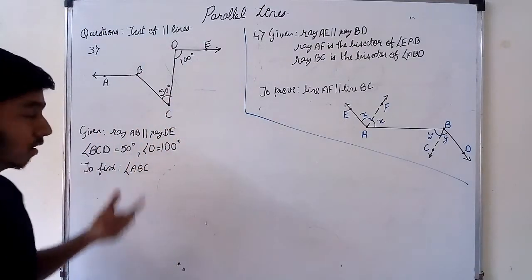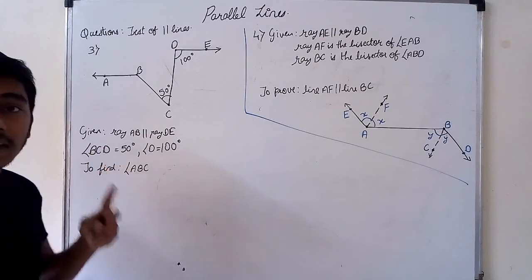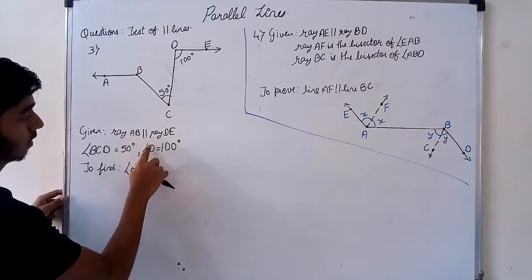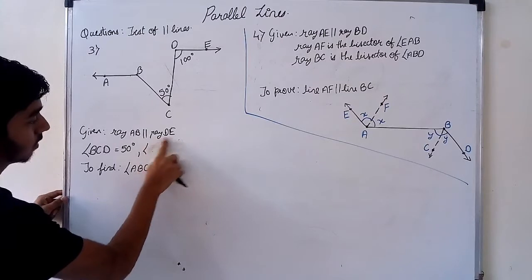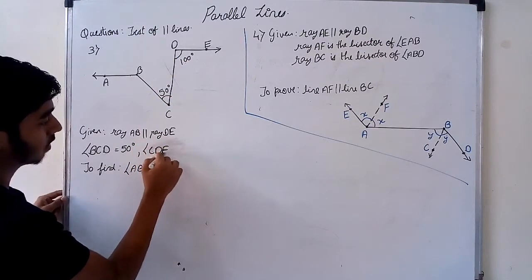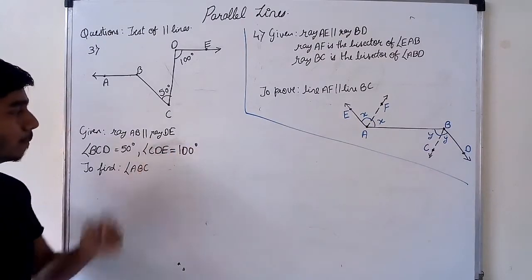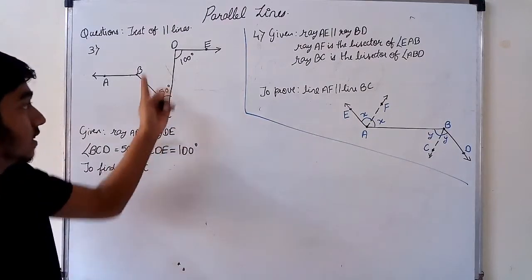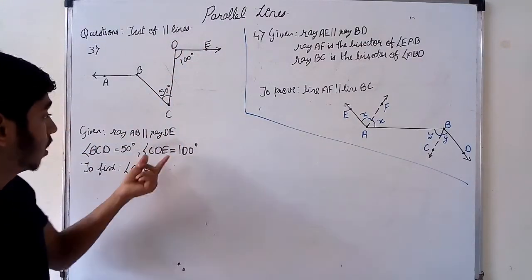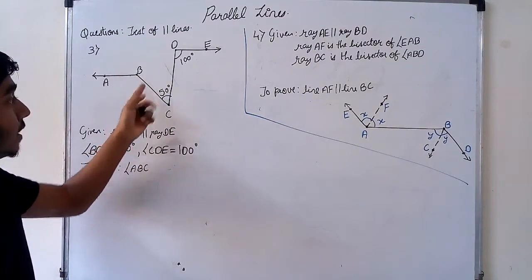Instead of a one-letter angle, I'm using a three-letter angle. Same for D, angle D can be written as CDE equal to 100 degrees, correct? CDE or EDC, it means the same. So this is 100 degrees.